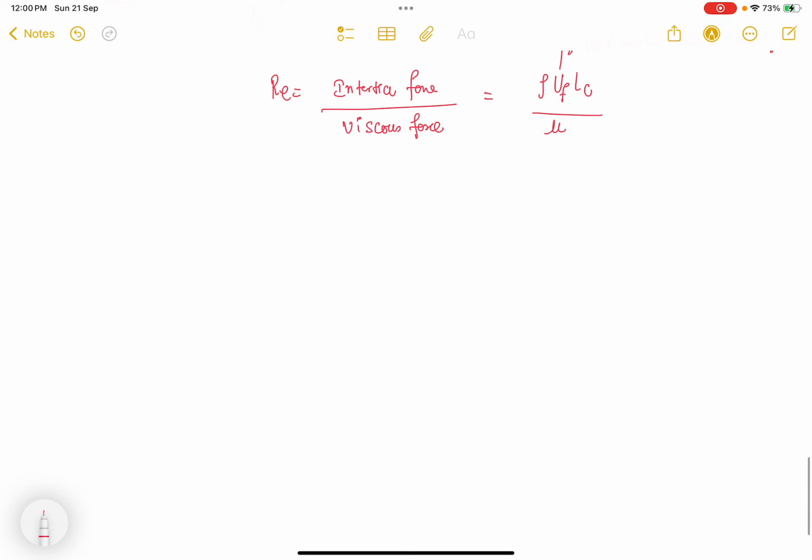So for a flow over a flat plate, based on this Reynolds number we can define whether the flow is laminar or turbulent.